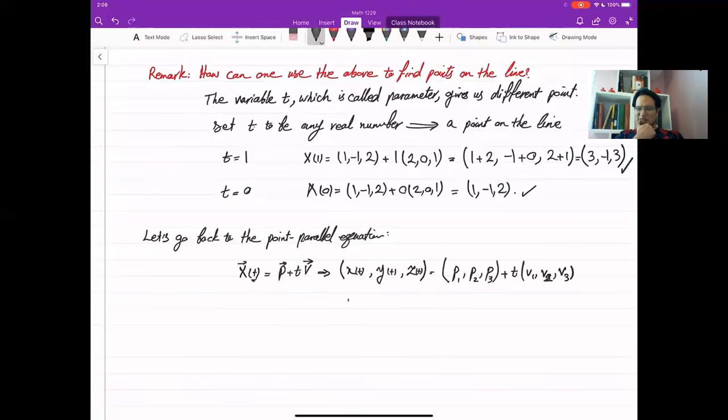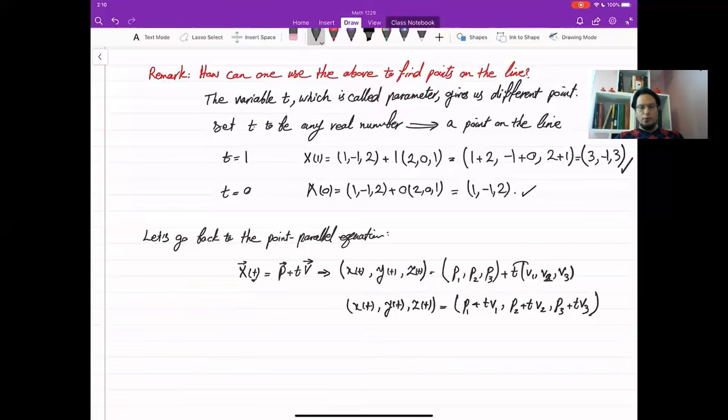So this is just a vector operation. We apply scalar multiplication, and then add. p1 plus tv1 would be the first component, p2 plus tv2 will be the second component, and p3 plus tv3 will be the third component. Very nice.